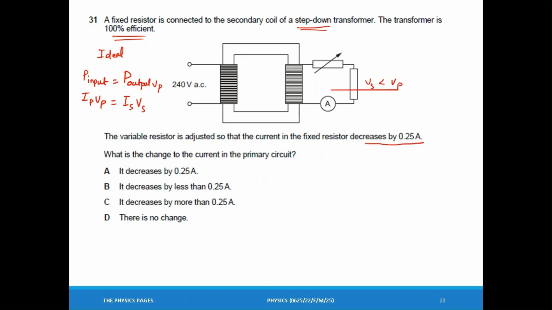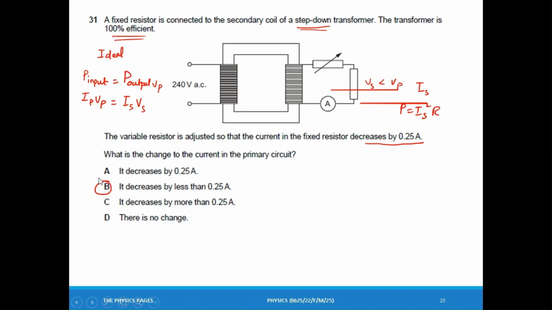Now they are saying the current is adjusted so that the current through the fixed resistor is decreased by 0.25 ampere. So what is the change in the primary current? When the current in the secondary coil is decreased, automatically the total power will be decreased, because power is equal to I squared R. When the total power output is decreased, the power input is decreased. Power input decreased means input current will also be decreased.